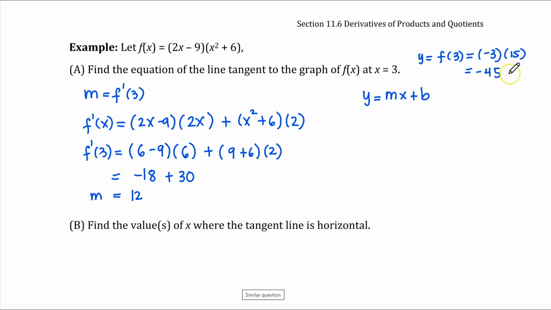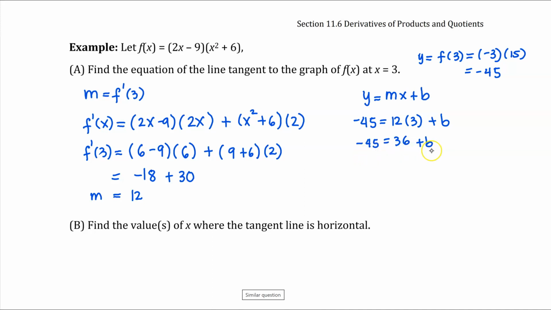So then we'll plug in all this information to the equation here to find b. So you have negative 45 is equal to 12 times 3 plus b. 12 times 3 is 36, minus 45 plus b. So to solve for b, we will subtract both sides by 36.